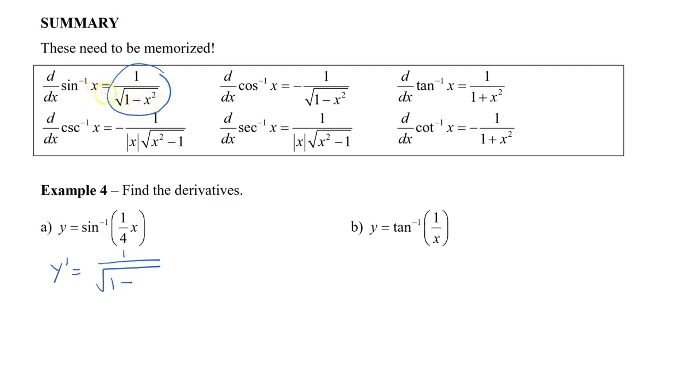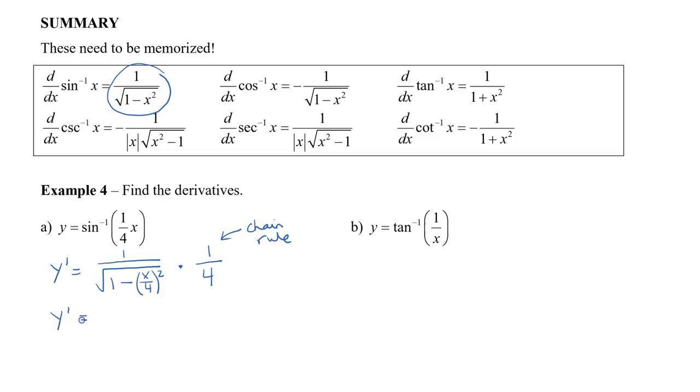Our ratio is a quarter x, so I'm going to rewrite this as x over 4, and then in brackets, we're going to square that. Now we actually have to apply the chain rule because this formula here is just the derivative of the inverse. So we now need to find the derivative of the inside, which is a quarter x. So we need to multiply this by a quarter. We're doing this because of the chain rule.